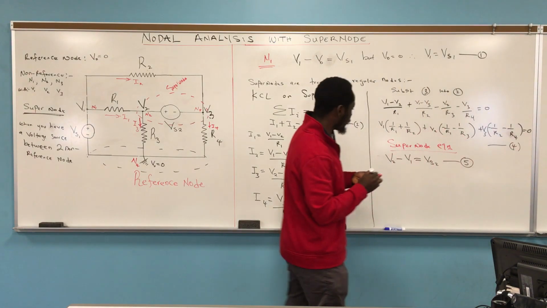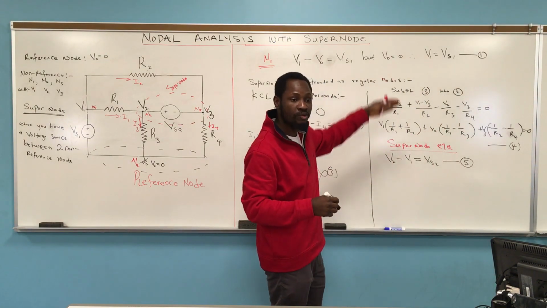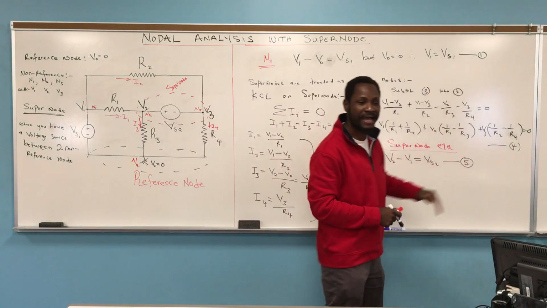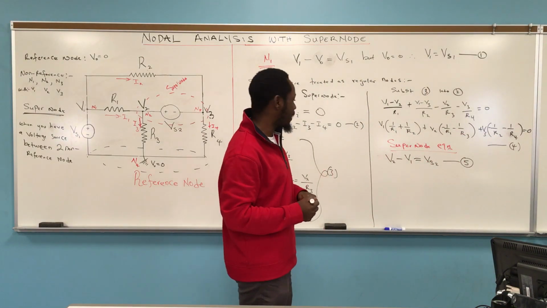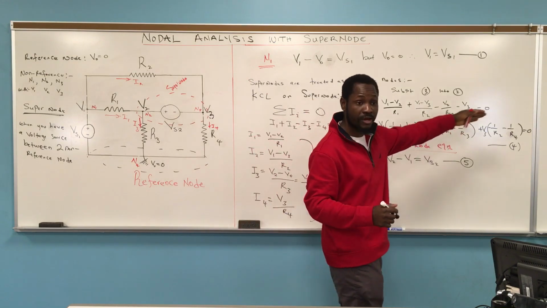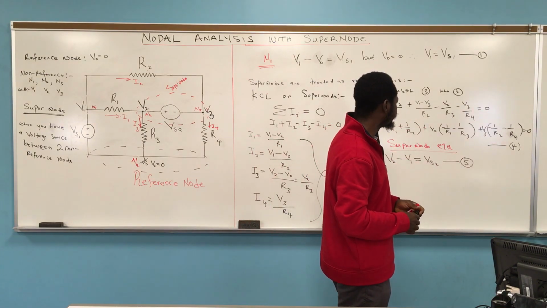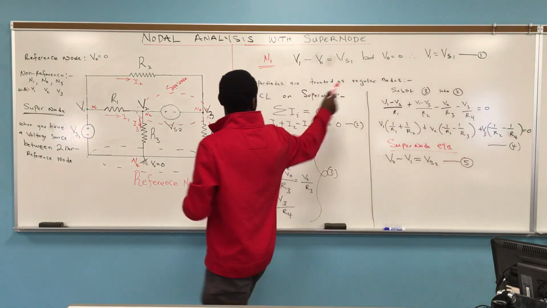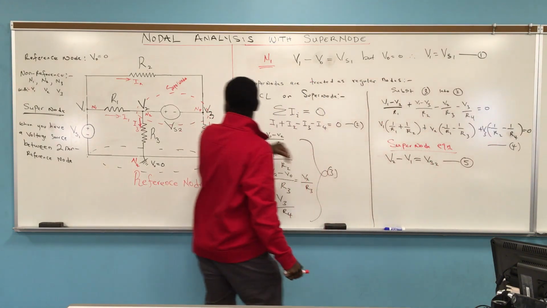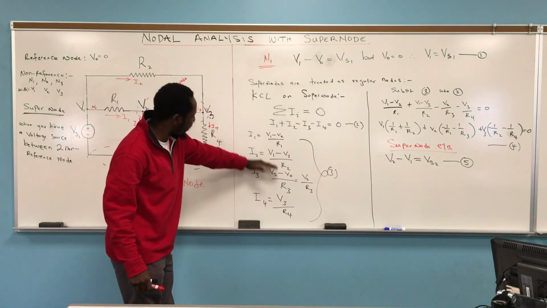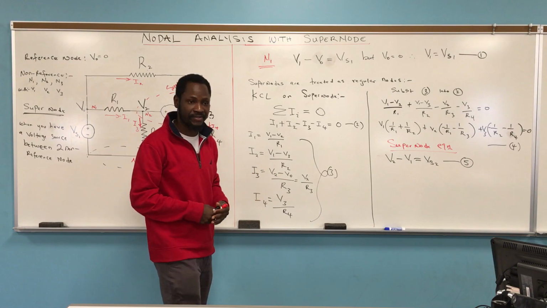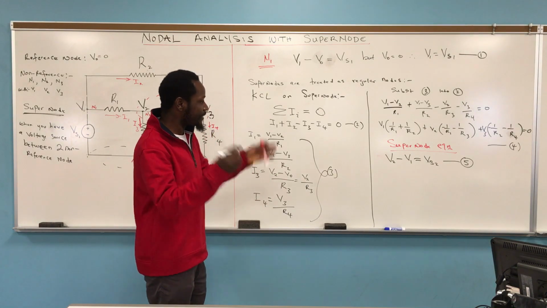Now, solving to find all the nodal voltages, you just need to use 1, 4, and 5, right? You have 3 unknowns, you have 3 equations. You can use those equations to find all the voltages and then come back here and find the currents if you're interested in finding the currents, right? And that's it.